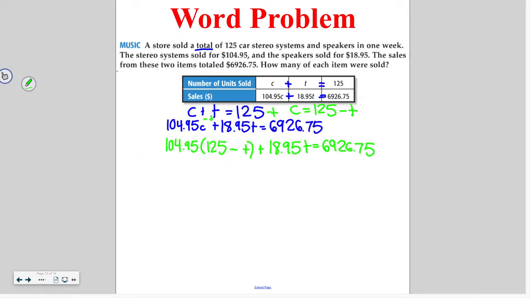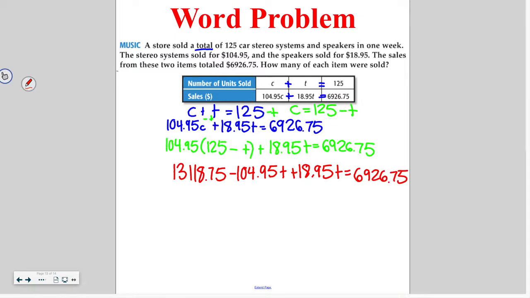Alright, so now we need to use our distributive property, and when I do that, I get 13,118.75 minus 104.95 t plus 18.95 t is equal to 6,926.75. So then I'm going to want to go ahead and combine my variables.